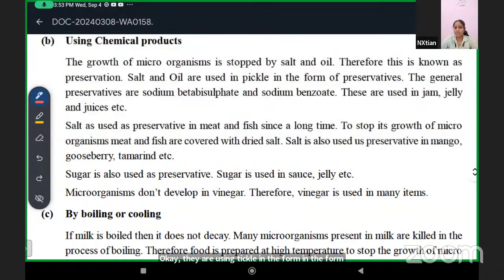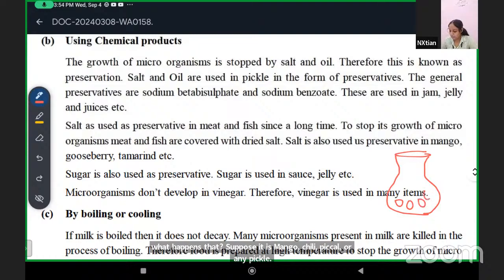Have you noticed? I want to share this from my experience. A jar of pickle is there. Suppose it is mango pickle or chili pickle or any pickle. The pickle pieces are lying there, submerged in the oil, tightly packed, and oil is there in that jar.